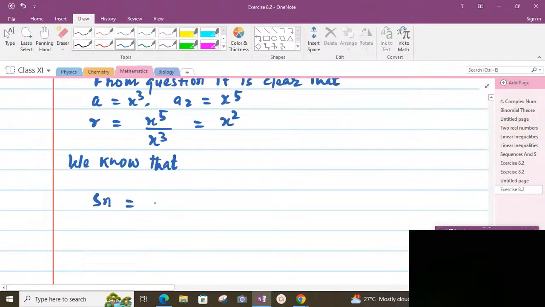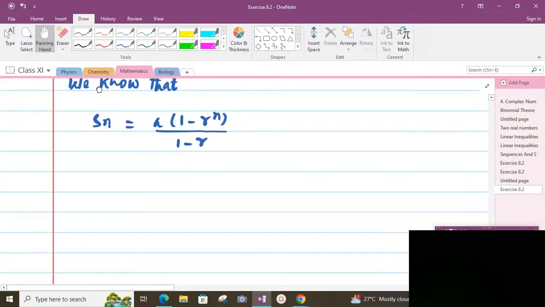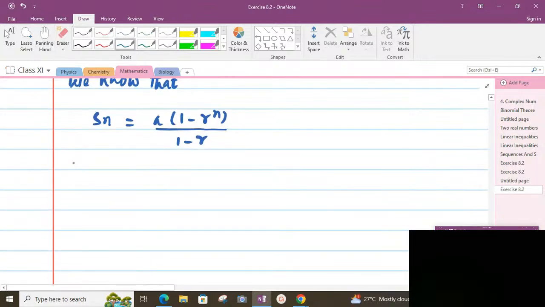Sn equal to a(1 minus r to the power n) by 1 minus r. Now putting the values of a and r.